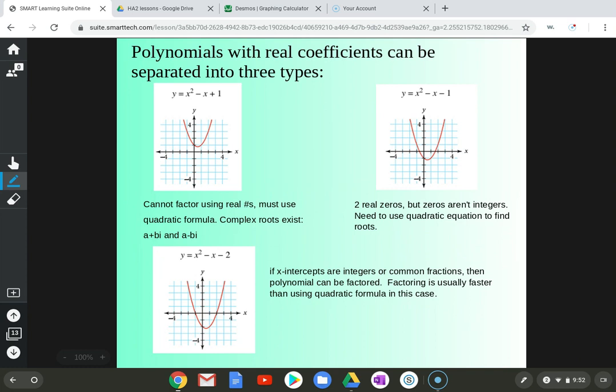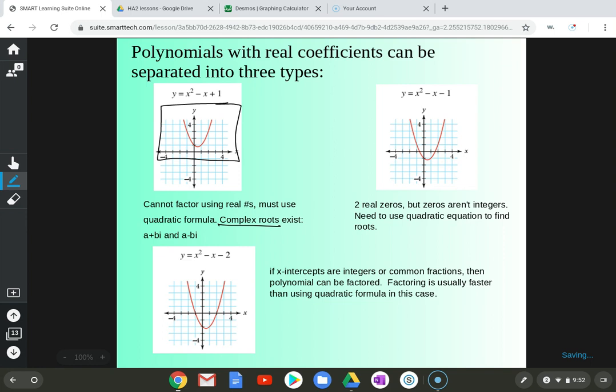Quick mention, no example here, and we will get more into this as the chapter continues, but we don't have to have actual x-intercepts to have a polynomial. For example, this function right here has 2 roots, but they are not real.